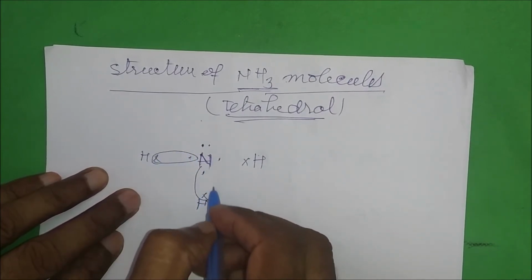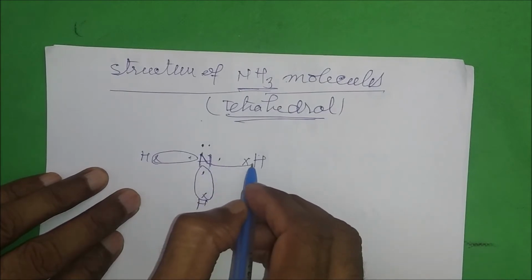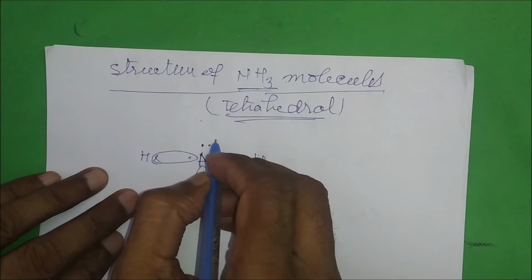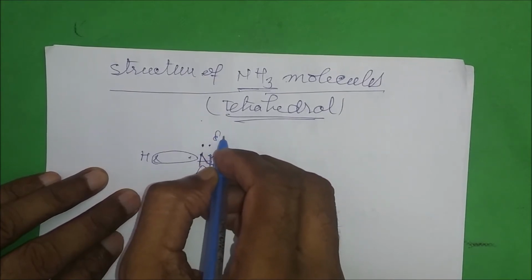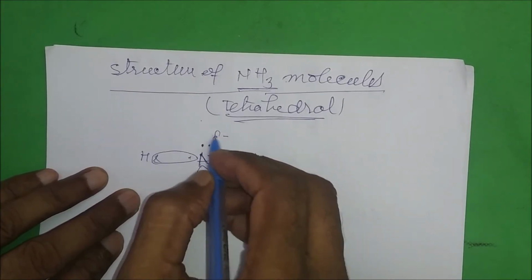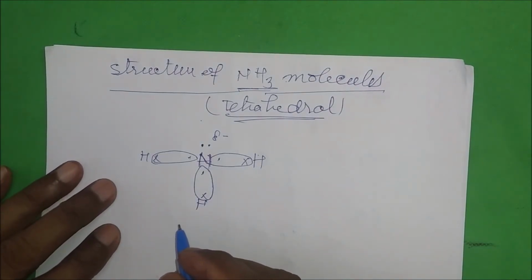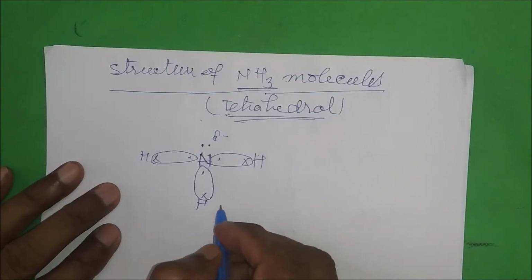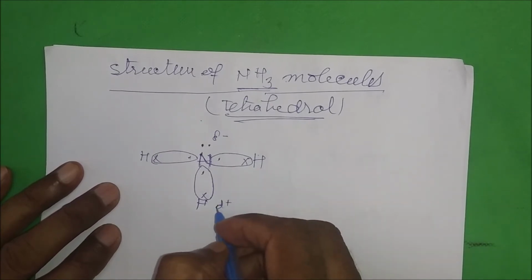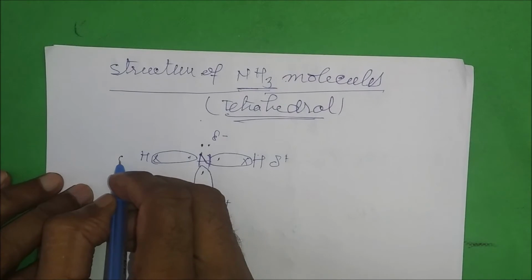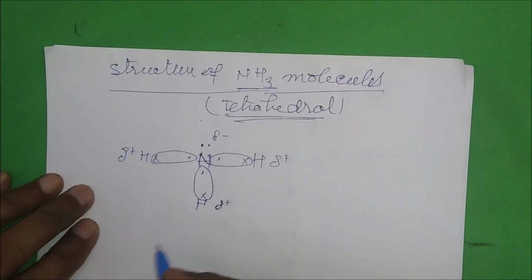These two also form a bond. This also forms a bond. But look here, 2 is there, so this is delta minus. So what happens? This structure is saying that. This one is delta plus, this also delta plus, this also delta plus.